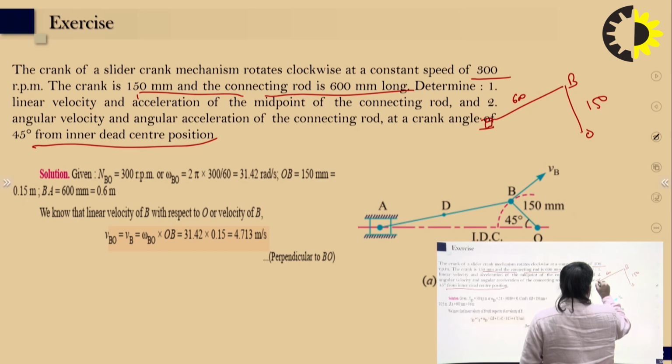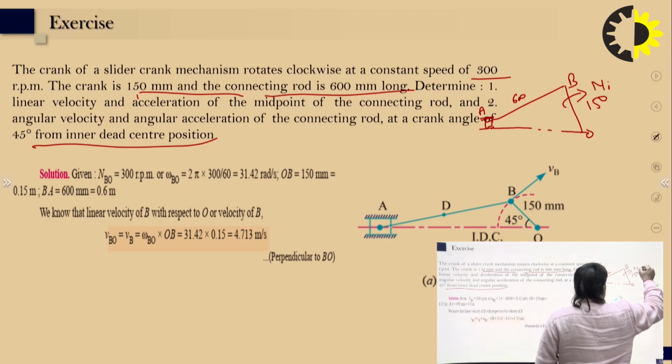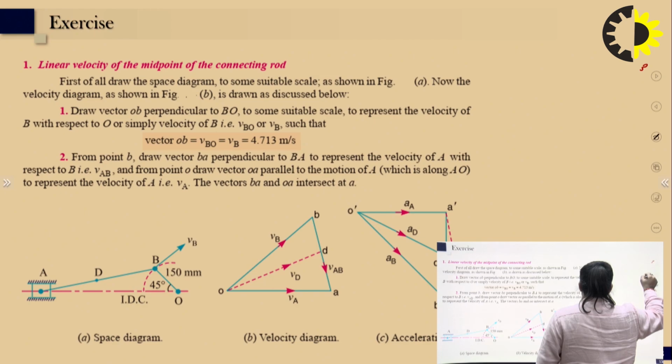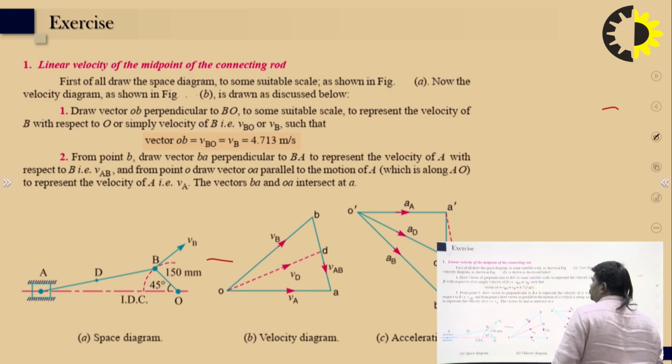This is the slider A, right? Here is the slider, and the crank rotates in the clockwise direction with N BO equal to 300 rpm.